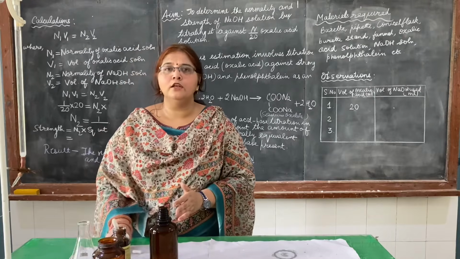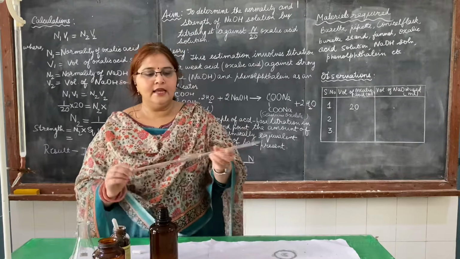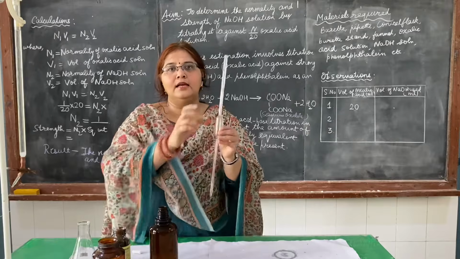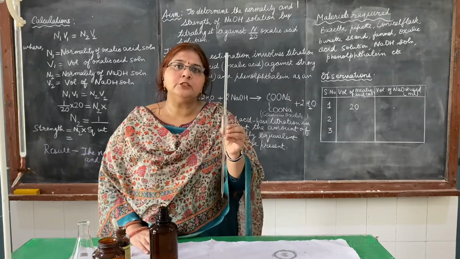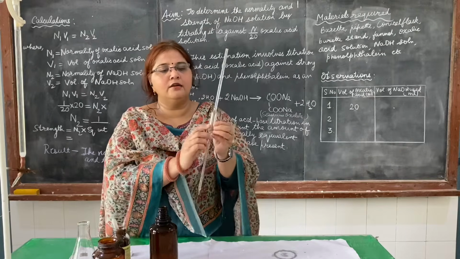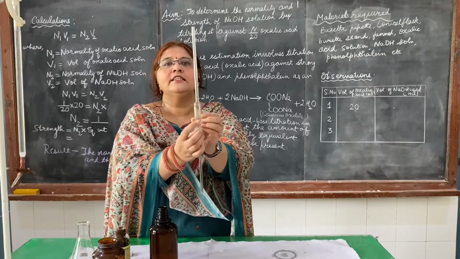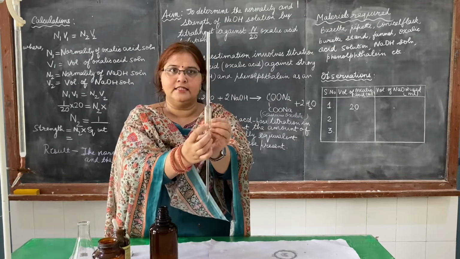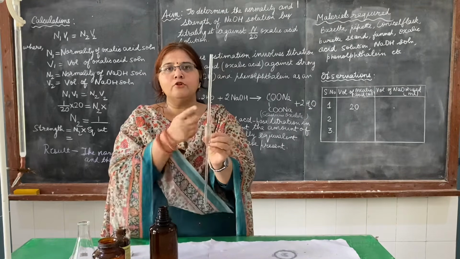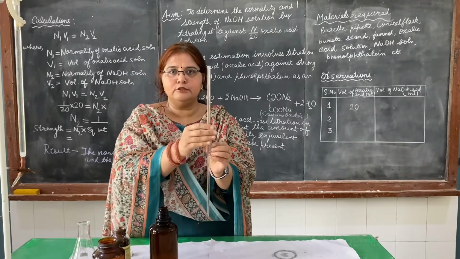First of all, you have to make it clear that this is known as the pipette. Each pipette has a mark, and this pipette is of 20 ml in this case. We have to pipette out oxalic acid with this pipette.